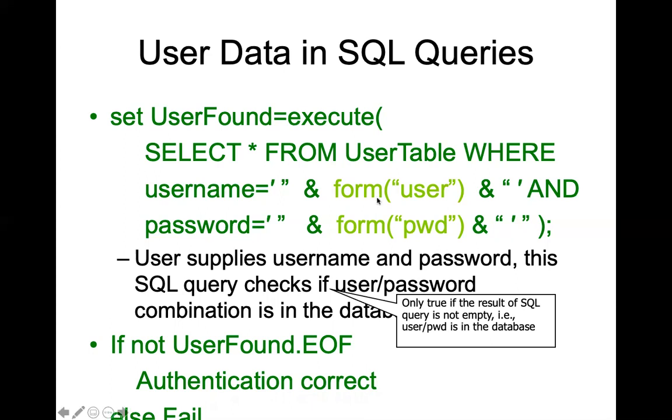So the key over here, again, as with cross-site scripting, is that the SQL query is being generated directly from the user provided input from the form field, where the username is taken from this form and the password is also taken from the form and directly used to create this SQL query.